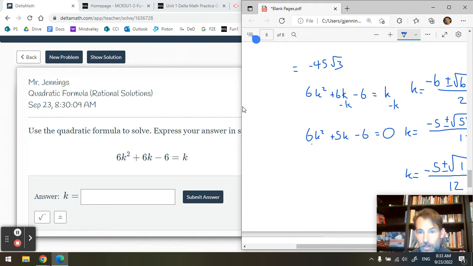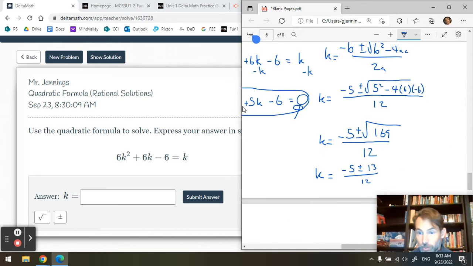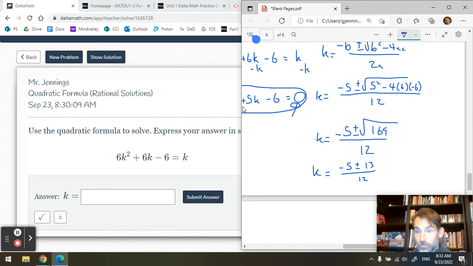If you have a quadratic of the form ax squared plus bx plus c, a quadratic in standard form, that's equal to 0, then the quadratic formula tells you what the variable is equal to. And it will give you two solutions, one solution, or no solutions. In this case, 2. All right, so k is equal to negative 18 over 12, or it's equal to negative 5 plus 13. Someone loves Fibonacci here. Plus 8 over 12.